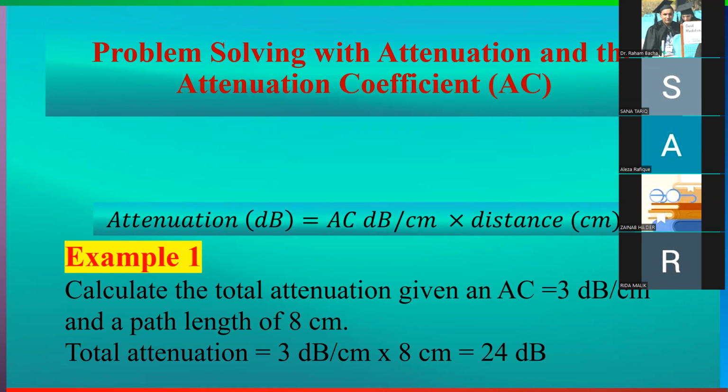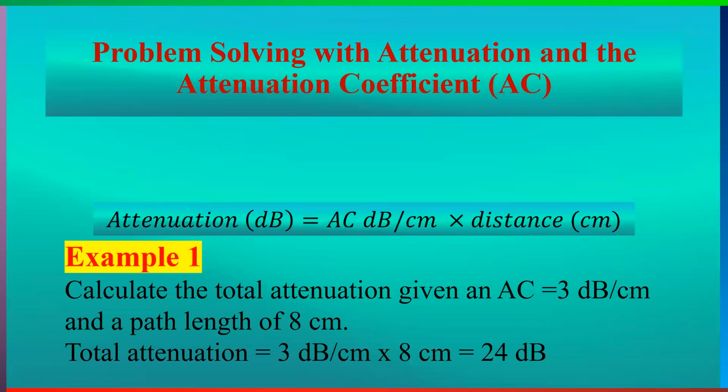But here is an example. Calculate the total attenuation. The attenuation coefficient is 3 decibel per centimeter and the depth is 8 centimeters. So sound will travel a distance of 8 centimeters, and the attenuation coefficient given over here is 3 decibel per centimeter.